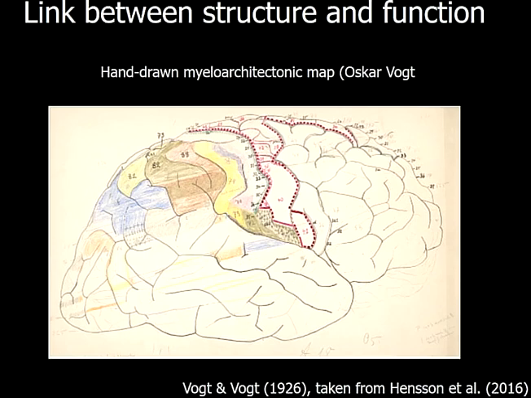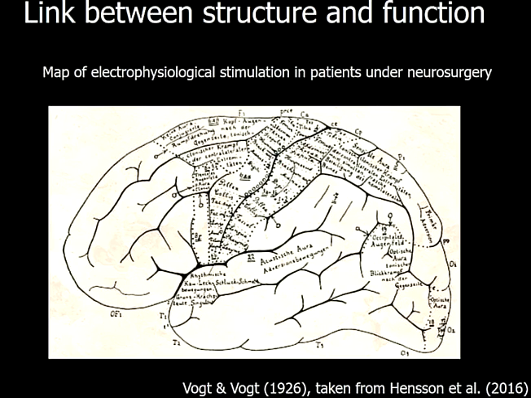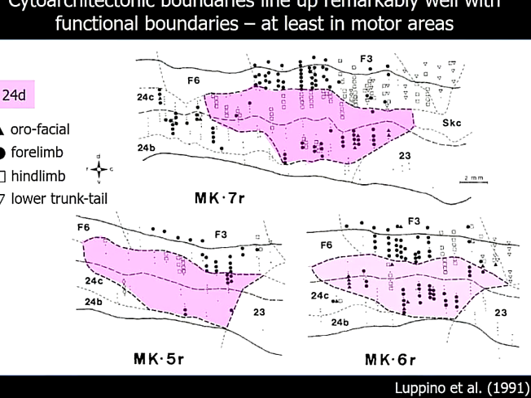So the first one was the map of myelo-architecture that you can see here, and then what they did is they went through and painstakingly stimulated in these neurosurgical patients, and they made notes as to what happened when they stimulated in these areas, and then they looked for correspondence between them. And at least in some areas, they found really good correspondence between this myelo-architecture structure and the functional boundaries, so the pink areas there.